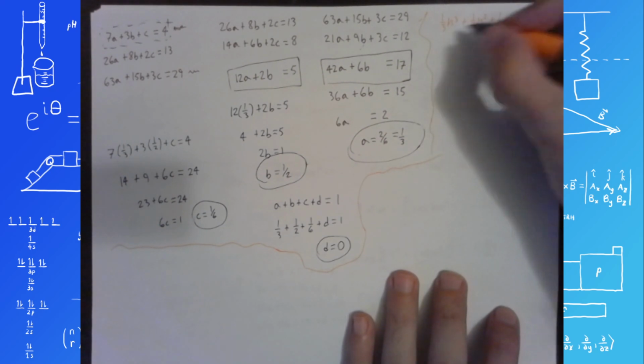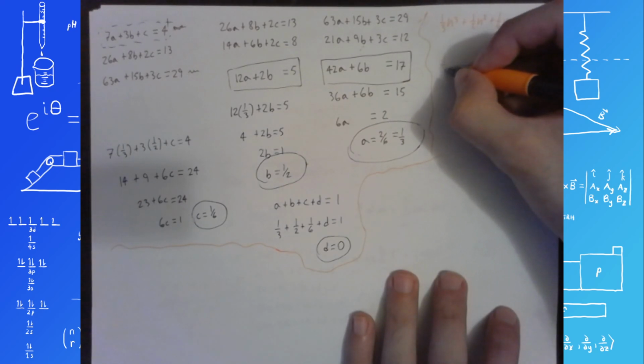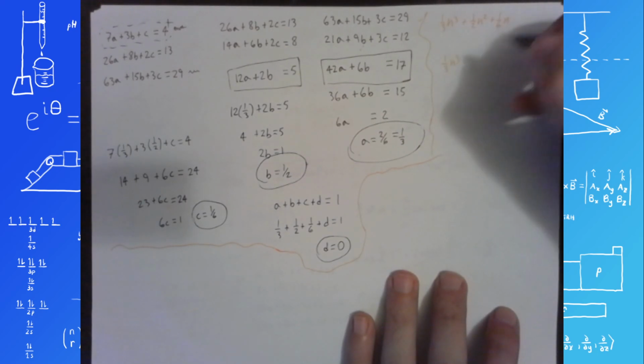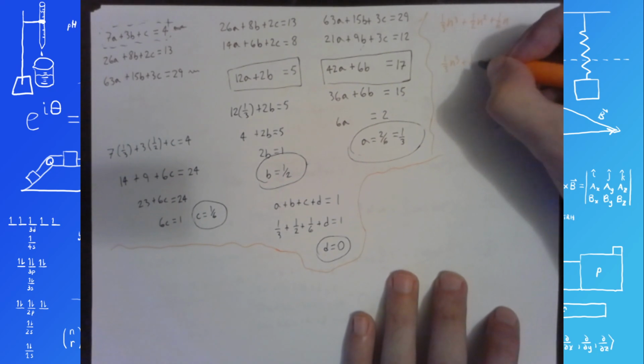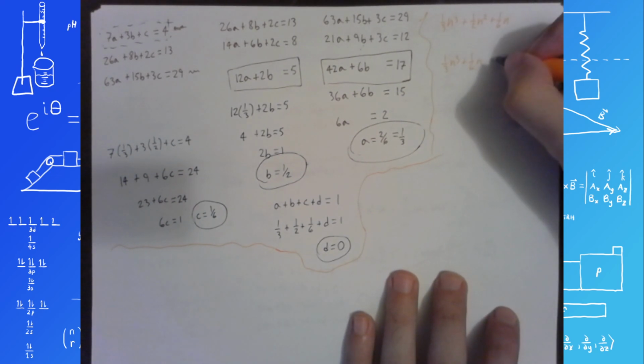1/6 n if I factor it out of these two. So let me actually group them first. So 1/3 n cubed plus 1/6 n plus 1/2 n squared.